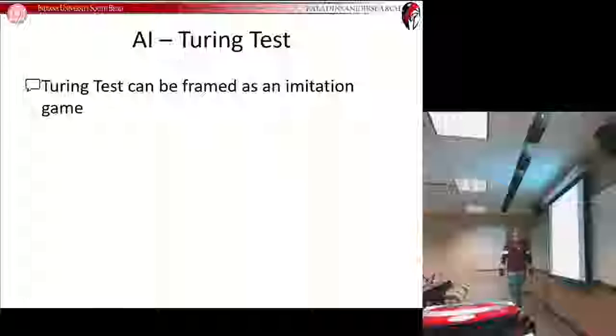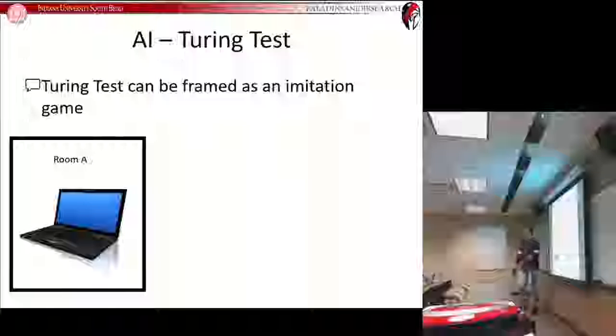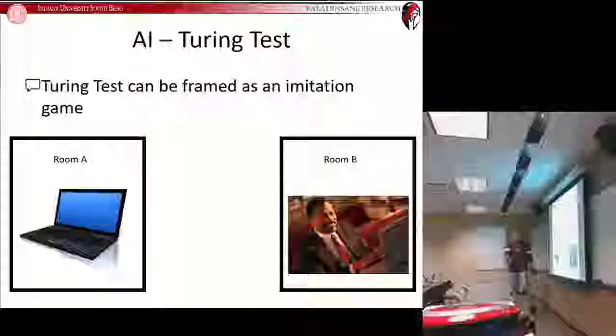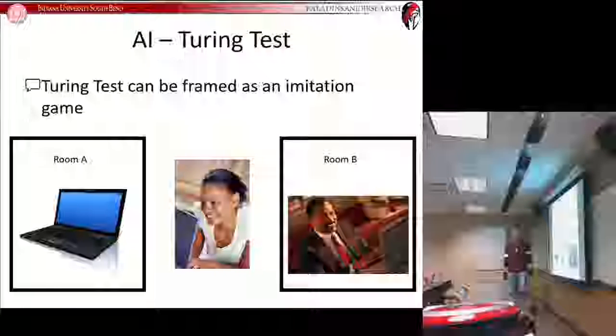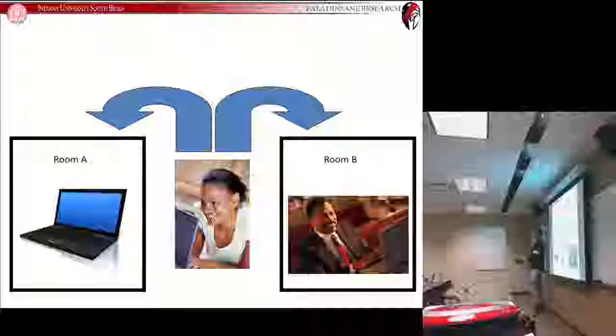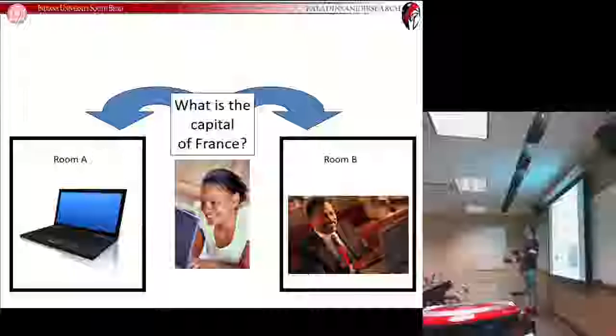So Turing came up with the Turing test. It can be framed as an imitation game. You have two rooms, and you randomly assign in one of the rooms your AI program that you're testing for mentality, and the other room is an average human. Then you have human testers that will text questions to each of the rooms, and based on an analysis of their responses, try to determine which one is the computer and which one is the human.